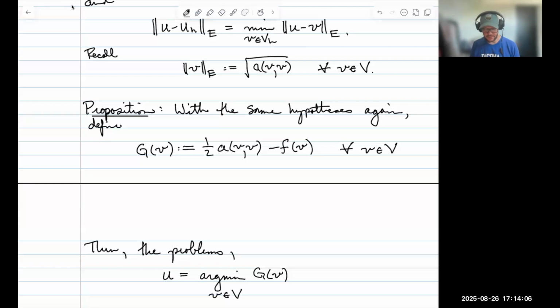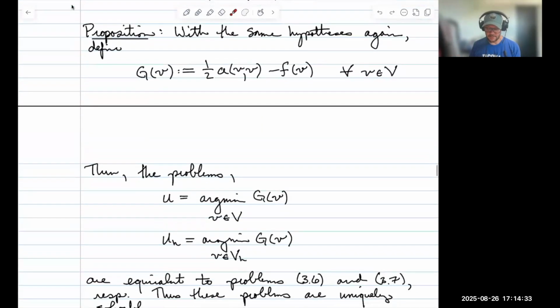Let's define this object, which I'm calling G. G of V is equal to 1/2 A(V, V) minus F of V. If you remember back to the model problem, this is exactly the same as the model PDE. This is what I call an energy, and I'm going to minimize that energy.